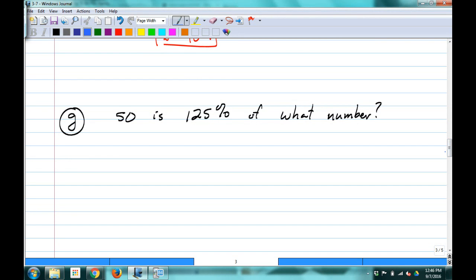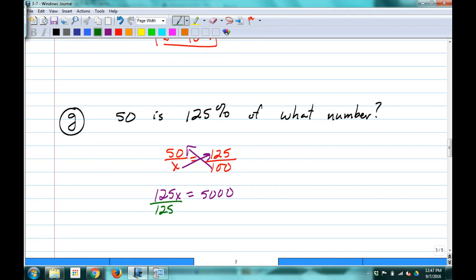Look at another one that's maybe written a similar way. 50 is 125% of what number? So what's our proportion that we set up? 50 over x, 125 over 100. Good job, guys. Cross multiply. 5,000.